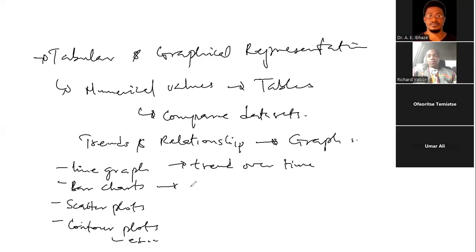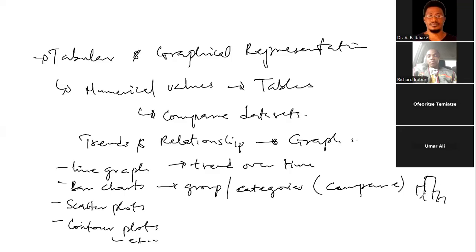So let's assume there are categories of groups. Here you want to compare, right? Then bar chart will be fine because you can see the variation in the trends, right? Something like that. Then if you want to look up correlation, like when you do your machine learning activities and all of that, yeah, then your scatter plot will be fine, right?